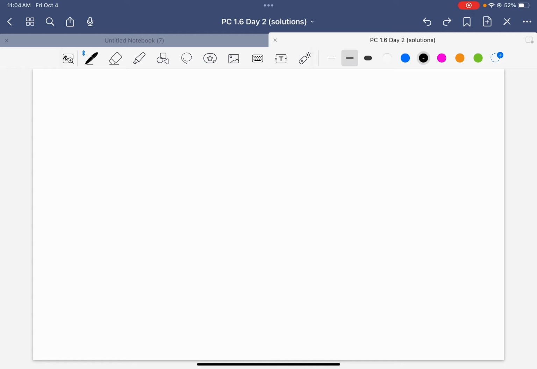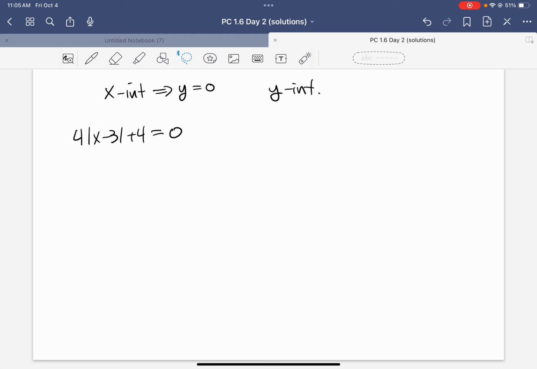26 says, find the x and y intercepts, the x-intercepts and the y-intercepts for the following graph, 26 and 28. For 26, it's 4 absolute x minus 3 plus 4. The x-intercept is where y equals 0, so I simply set my y equal to 0 and now I solve.